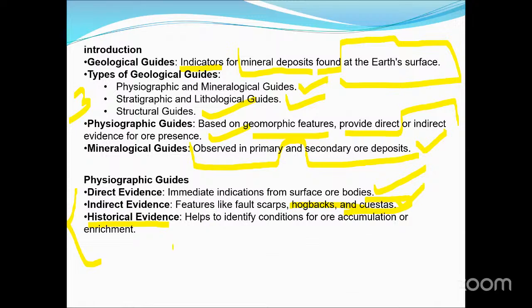And historical evidence helps to identify conditions for ore accumulation or enrichment.